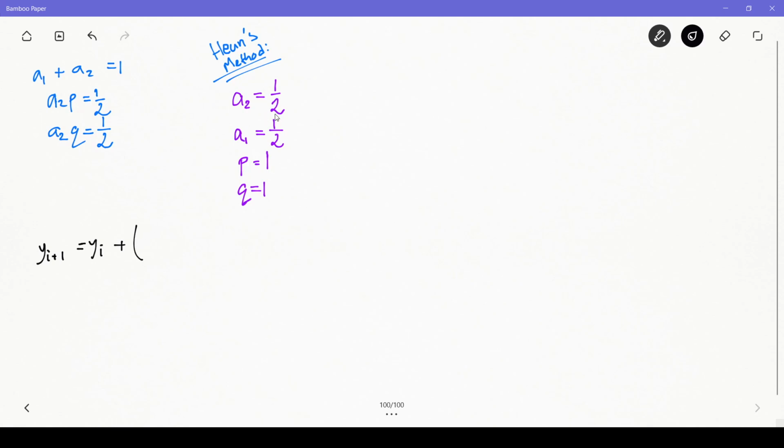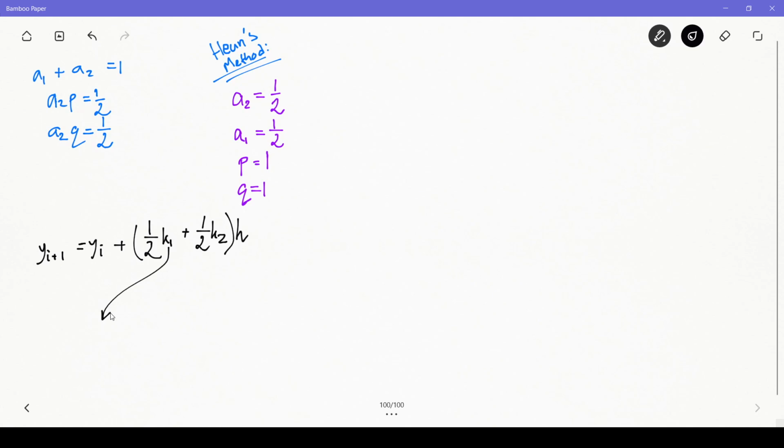So our weights are here half and half. So we are giving them equal priority, equal weights. So half times the first slope value, the K1 value, plus half times the second slope value, the K2 value, times h, where h is the step size of course.